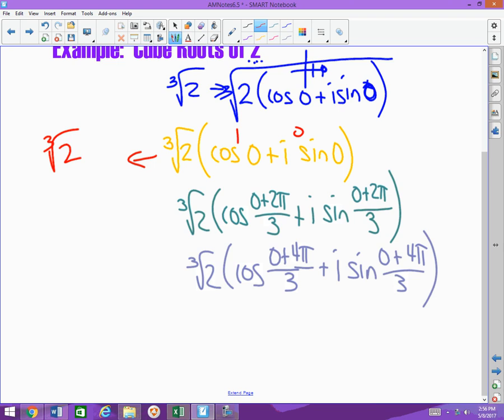Here we have cosine of 2 pi over 3, which is a negative 1/2, and the sine of 2 pi over 3, which would be the square root of 3 over 2.